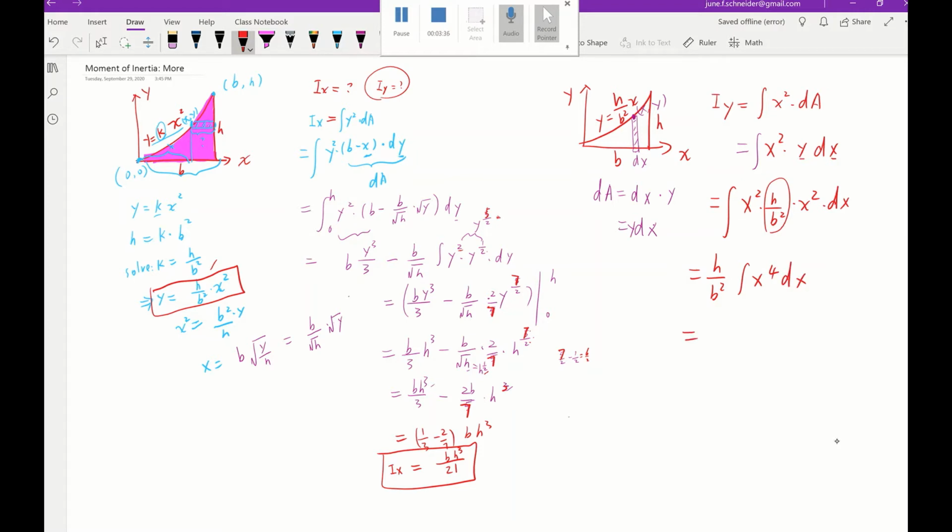Then integrate that, we'll have x fifth over 5. And our x is going to be from 0 to b. Then go ahead, plug that in. We'll have that. Then this will be relatively straightforward. The answer for this will be one fifth hb cubed. All right, so that's what we have for ix and iy.